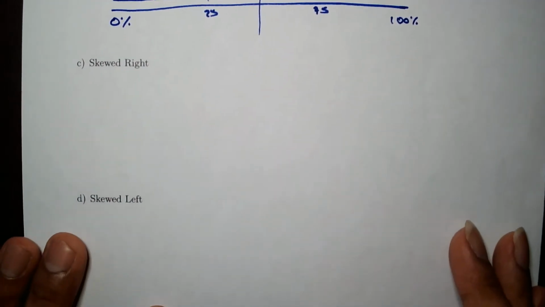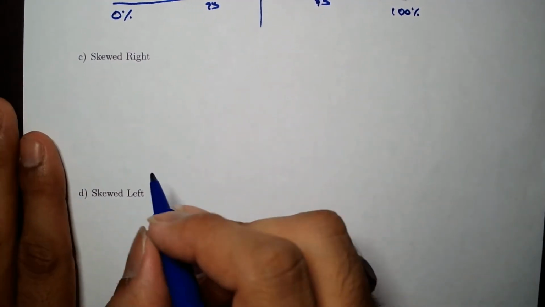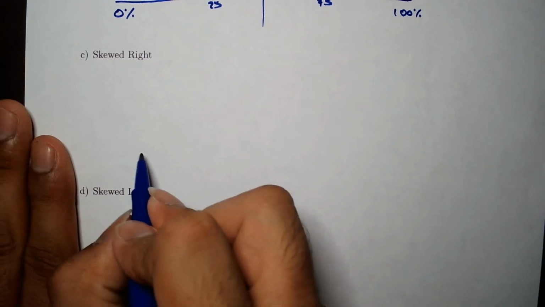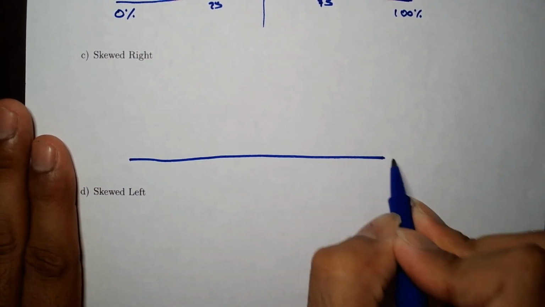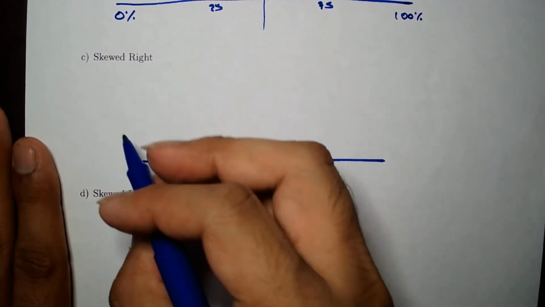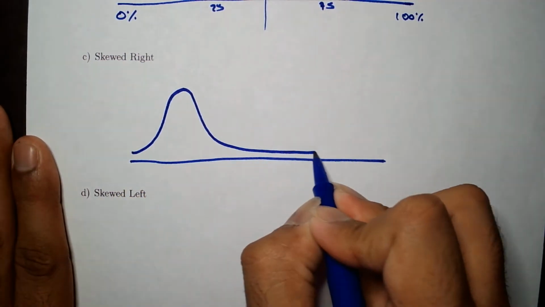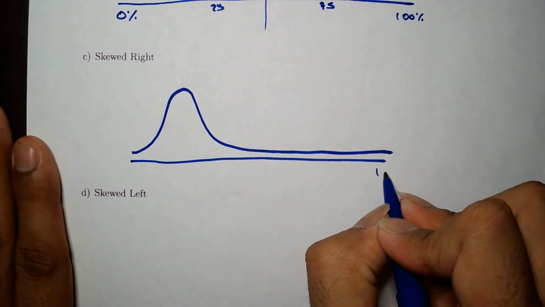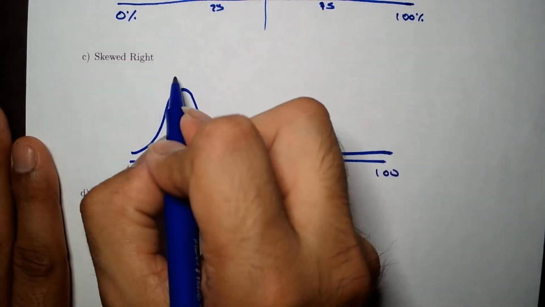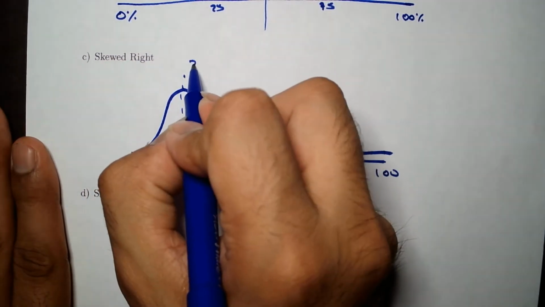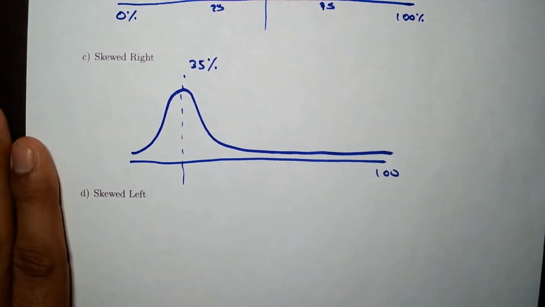Skewed right. For the skewed right, you can think of an exam that was really hard that almost everybody failed. Almost no one got 100%, but many people got a 35%, that's like the average.